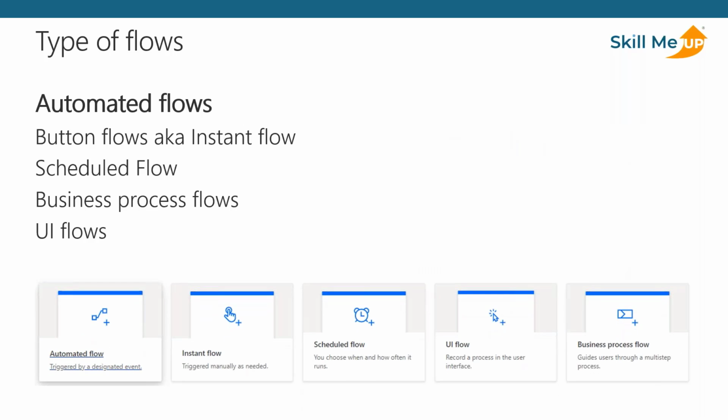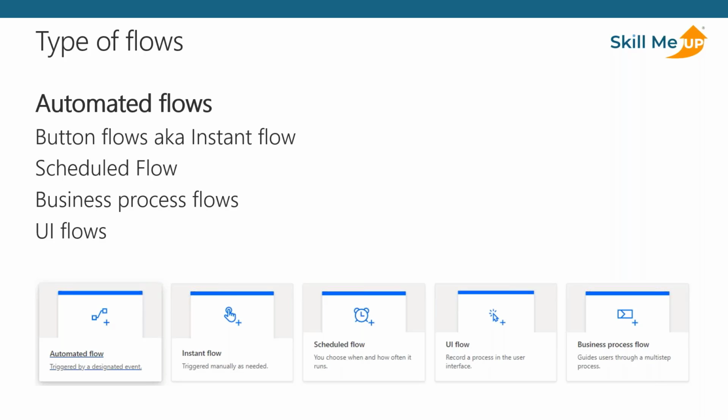In Automate, we have 5 types of flow. These are automated flow, button flow, aka instant flow, scheduled flow, business process flow, and user interface flow.